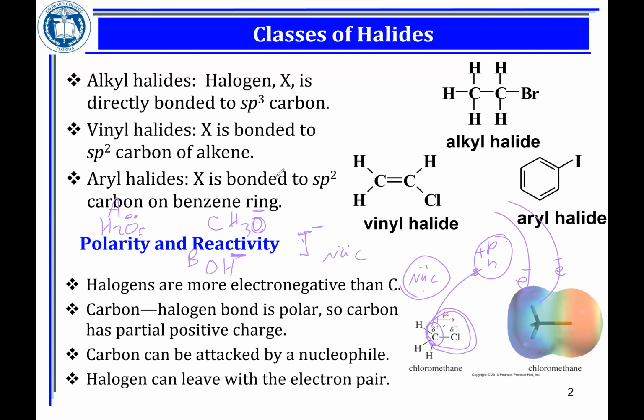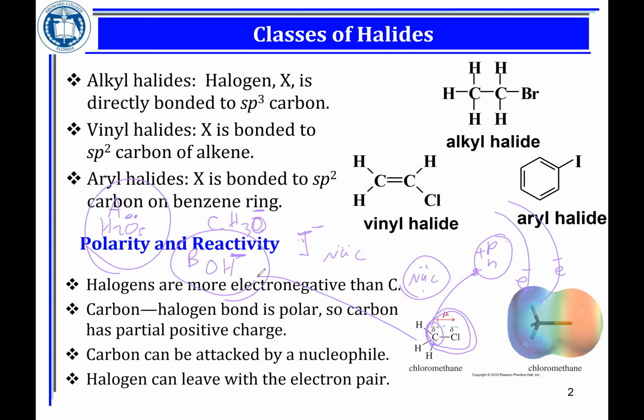I do have a few examples here. I just labeled water as A and hydroxide as B. And the question is, which one is a stronger nucleophile? That means which one has the greater desire to attack a center with a positive charge.